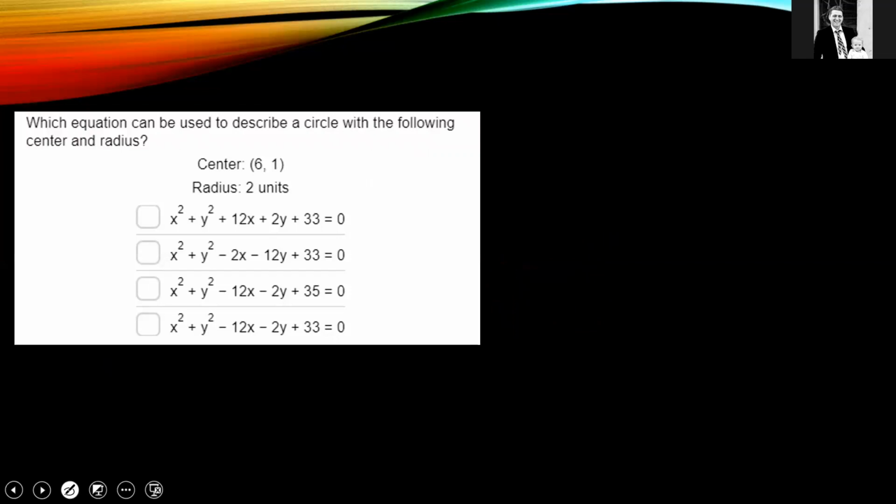Okay, this one says, which equation can be used to describe a circle with the following radius? Okay, so I would start off by saying, okay, we've got x minus 6 squared plus y minus my y value, which is 1, squared, equals my radius, which is 2 squared. But nothing like that is pictured below.